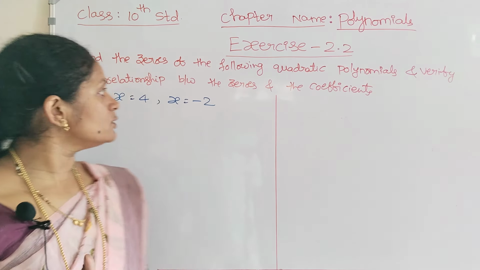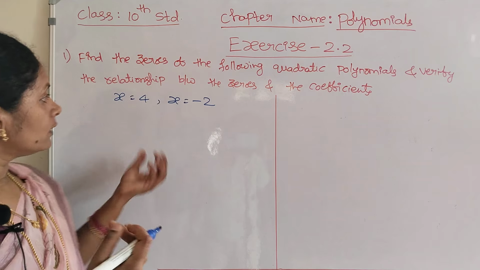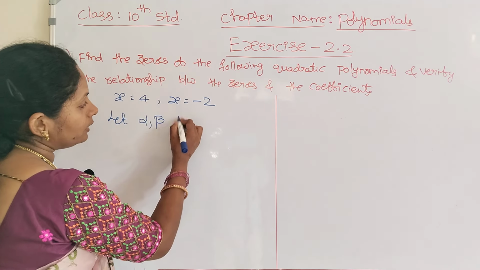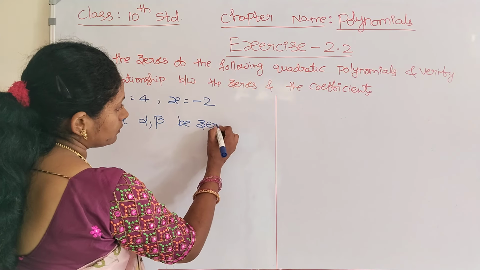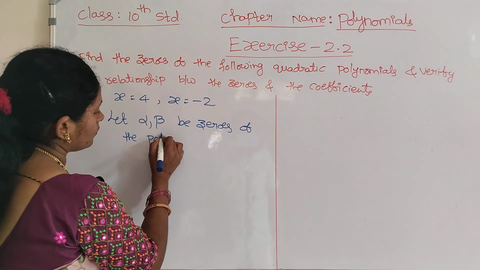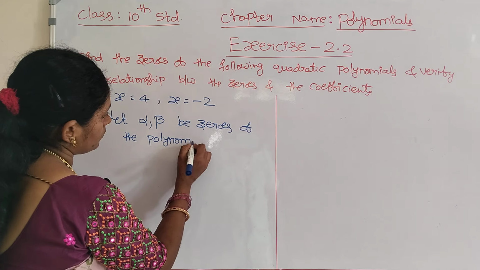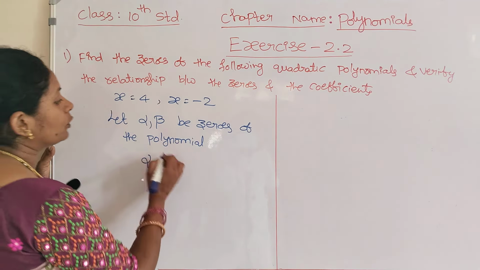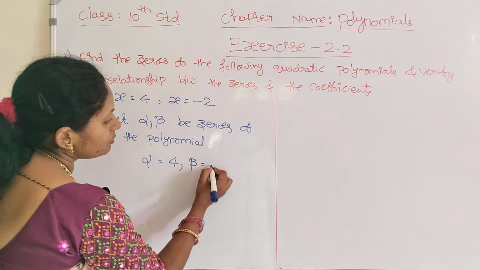Let alpha and beta be the zeros of this polynomial. Now you can take alpha as 4 and beta as minus 2.